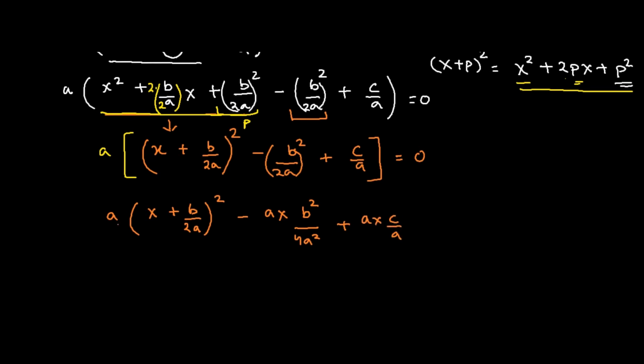So we are multiplying this a term to this term and this term. So this is equal to 0. So you don't need to put any brackets now. So you can give implies sign here as we are solving an equation.